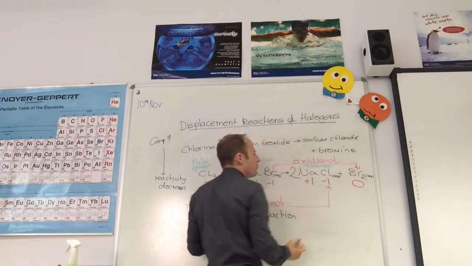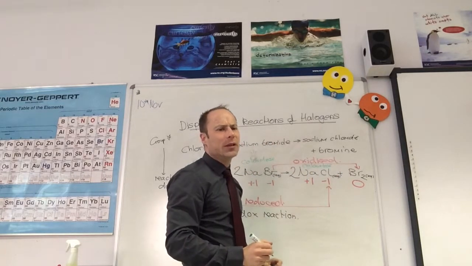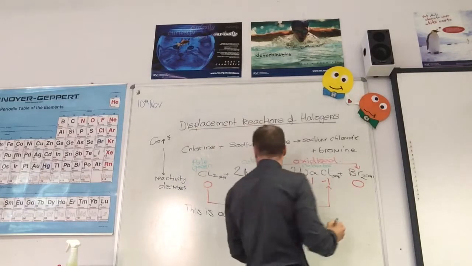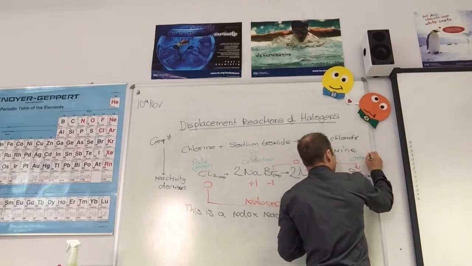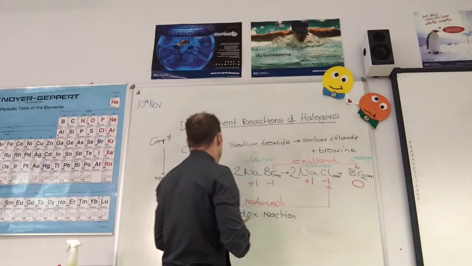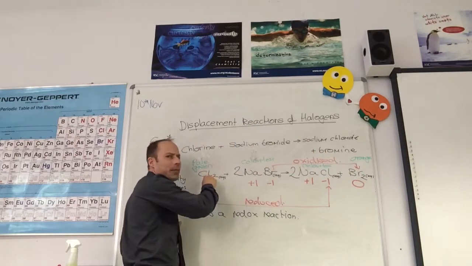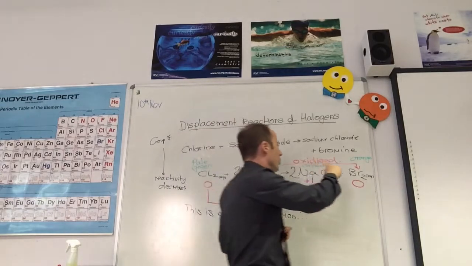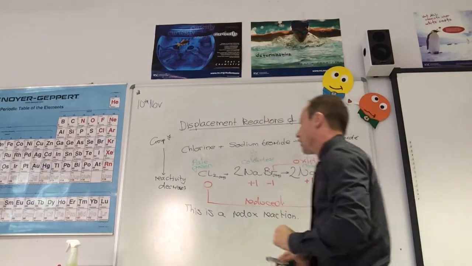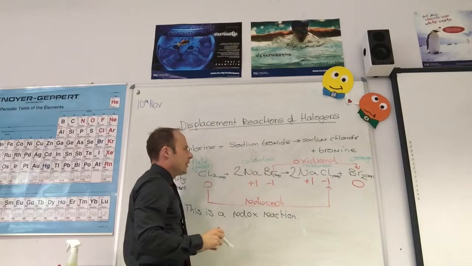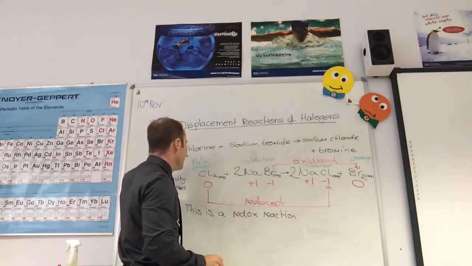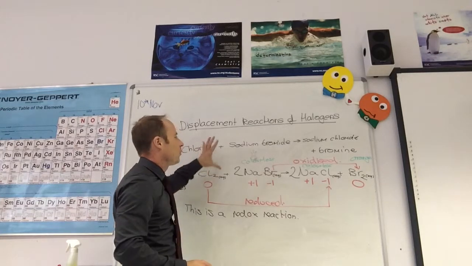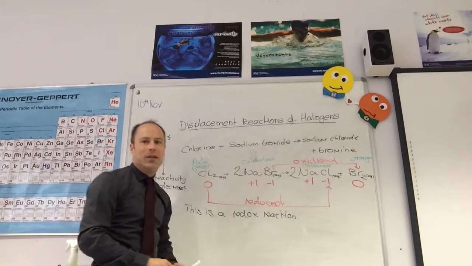What colour is bromine in water, according to our table? Orange. So what would I see in that reaction? I'd see it go from pale green to orange. What they'll often ask you is to do the equation and then state your observation. So in this case, I will see it go from pale green to orange.